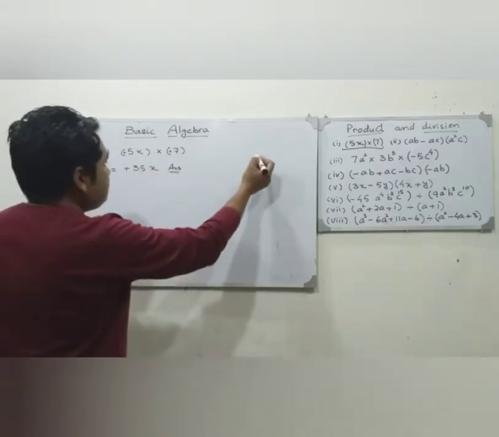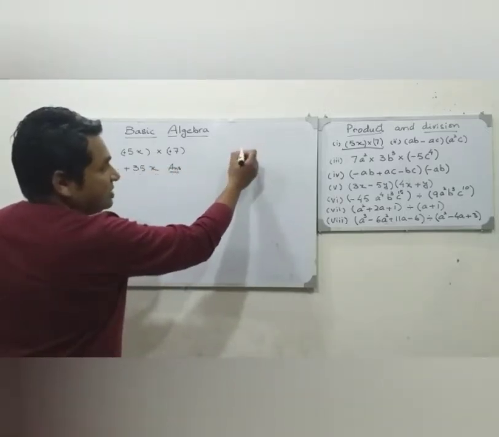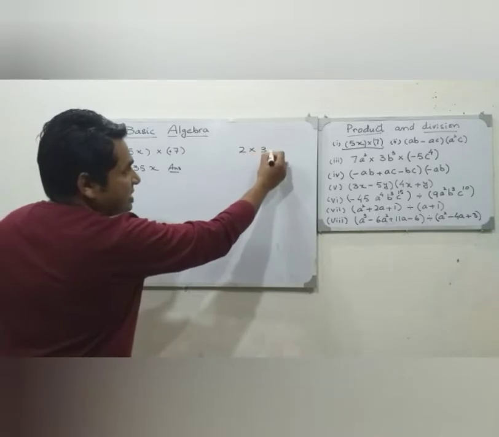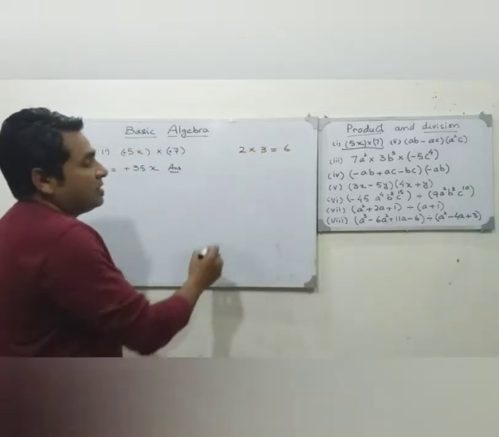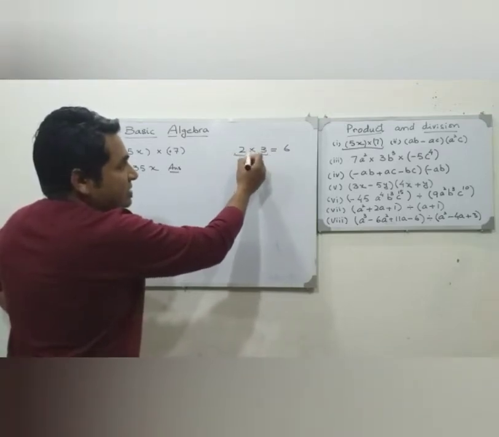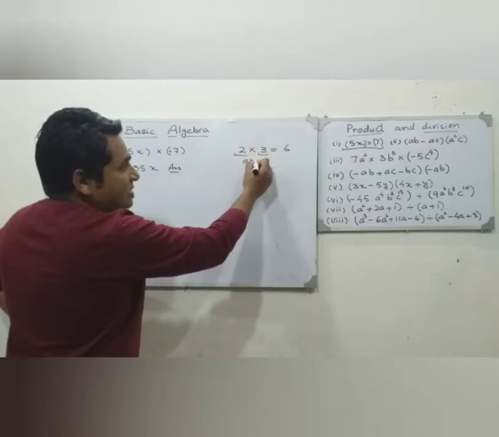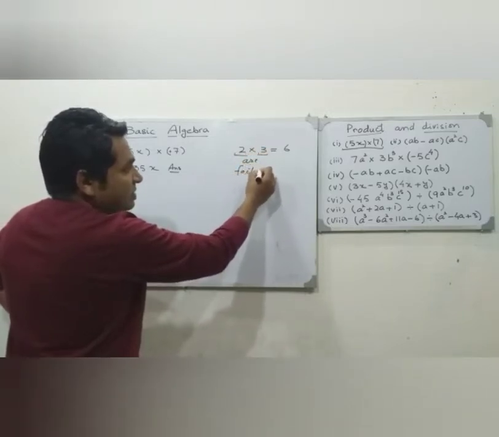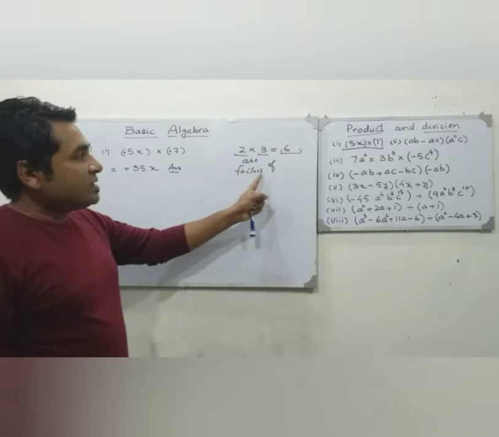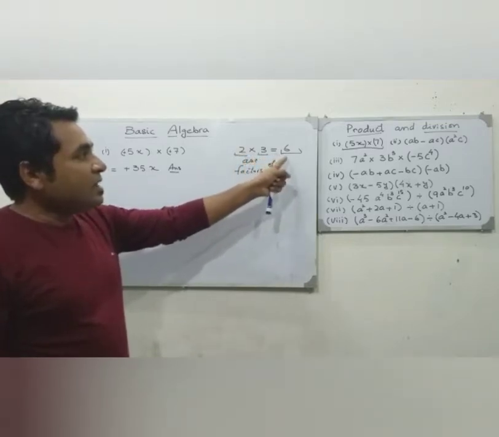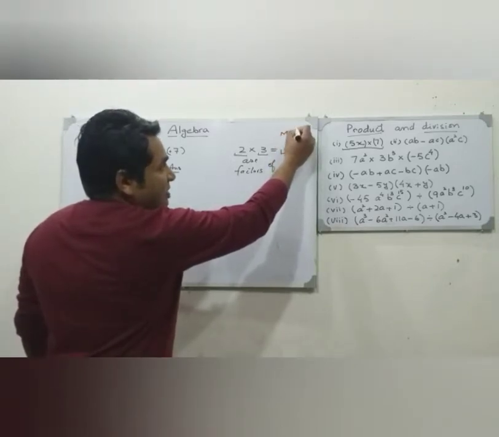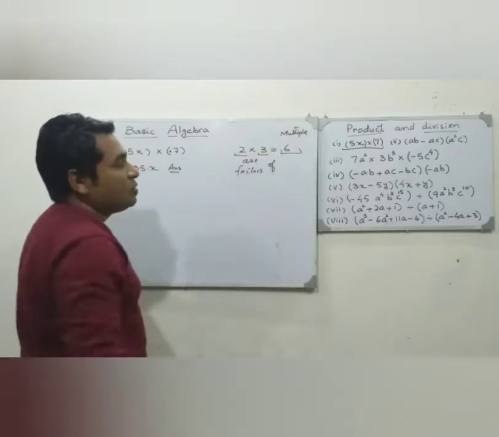Now look, if we talk about the table of 2, two threes are 6. You know that these two numbers are factors of this number. 2 and 3 are factors of 6, and 6 is called a multiple of 2 and 3.